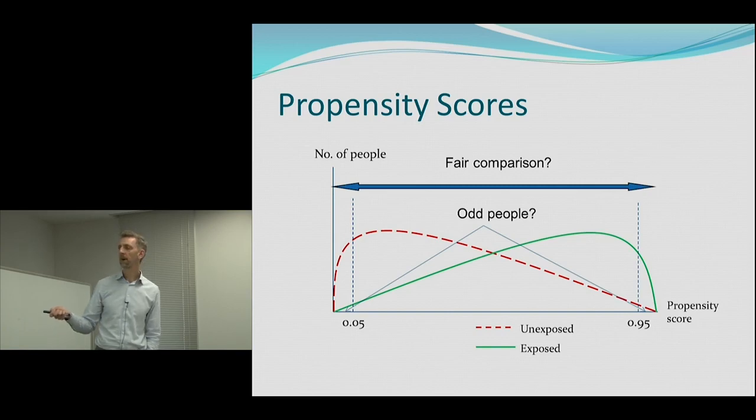Conversely, you've got people with very, very high scores who are not given the treatment. And the question is, are these really weird people? And if they're really weird, how are they weird? And do we want to include them in the analysis? So there's a question that we may want to exclude them. There may be something that we don't know about those people, but which is really important for our research question and that we can't account for in the analysis.